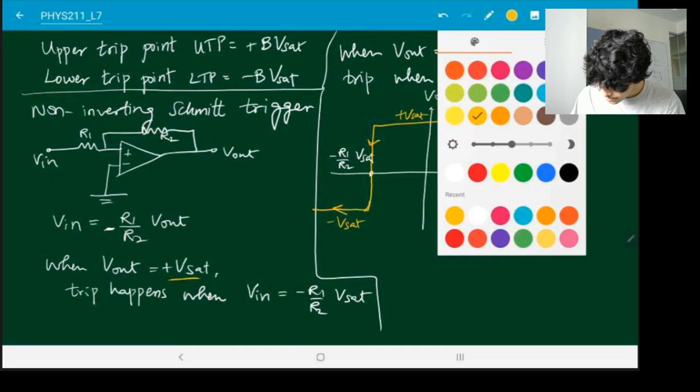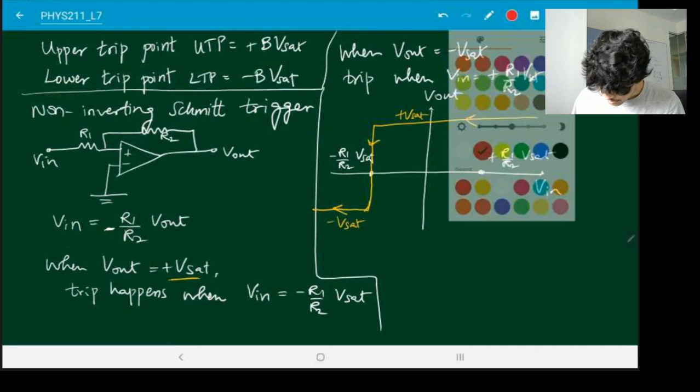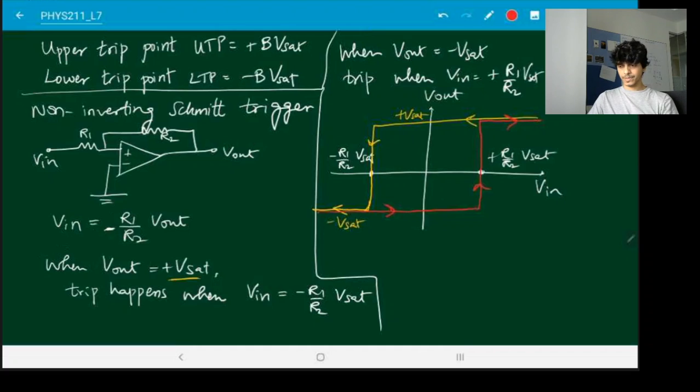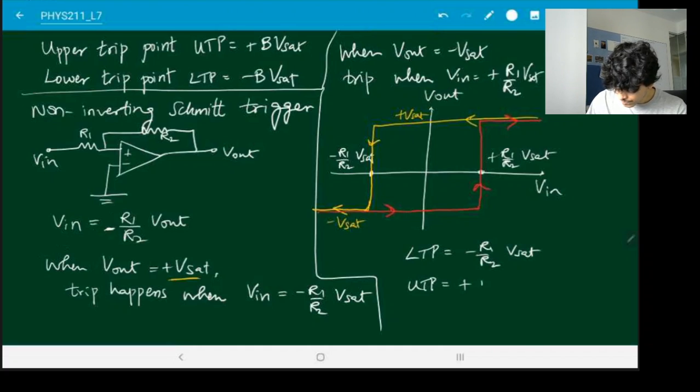But when you are increasing, then here is how the tripping happens. So in this case, we will say that the lower trip point is minus R1 by R2 Vsat, and the upper trip point is plus R1 by R2 Vsat.